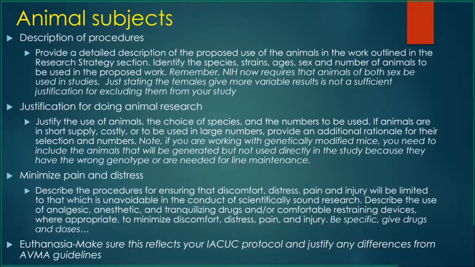And if you propose a study that uses only males and you say it's because females are more variable, the expectation is you should be including females and working with that variability.